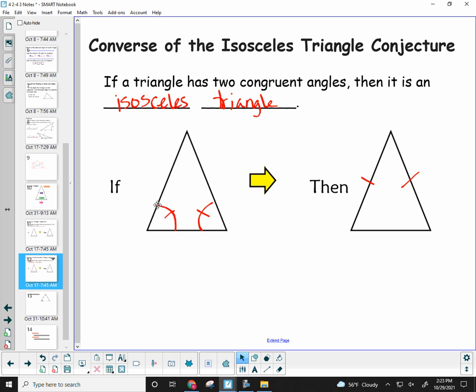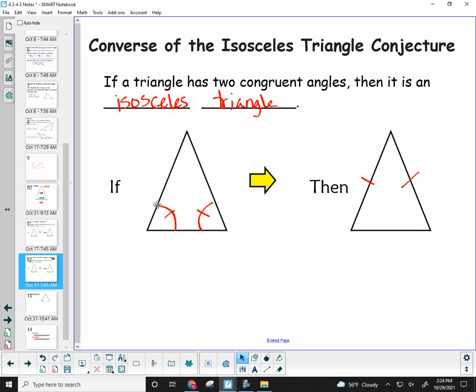But guess what? We have a tie for our angles. We don't have a small, medium, and largest. So that means if I go to the opposite sides, it's going to be a tie as well, right? So we're not going to have small, medium, and large sides either. So if the angles are the same, the opposite sides then have to be the same. It's part of that triangle inequality.